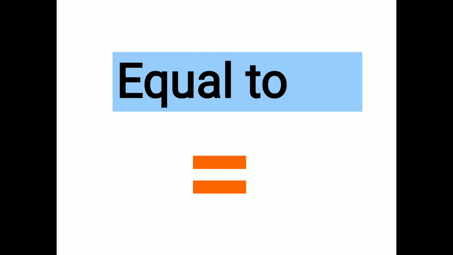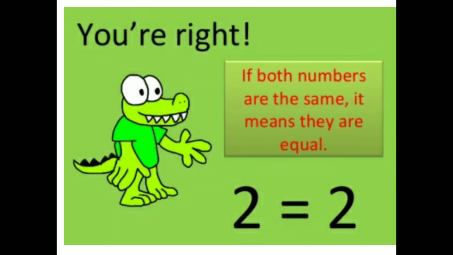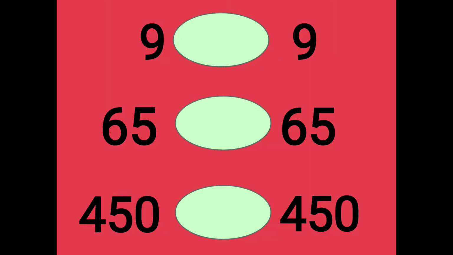Now the third symbol we use is equal to. When we have both numbers the same, it means they are equal. So here you can see 2 is equal to 2. That means when we have the same value on both sides, then we understand that these are equal numbers, and here we put the equal sign.